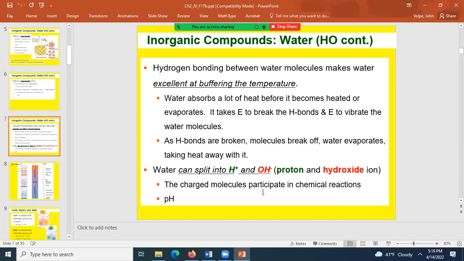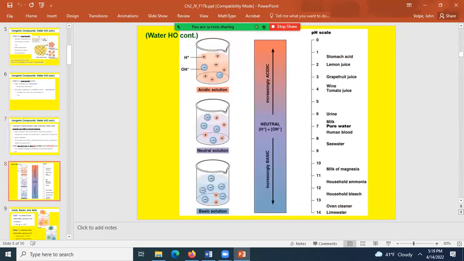That is neutral because the H plus concentration equals the OH minus concentration, or you can say the protons equal the hydroxide ion concentration. And that is a neutral pH. What that is, pH 7. Any questions about that?